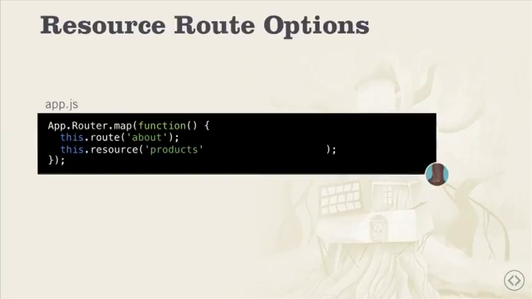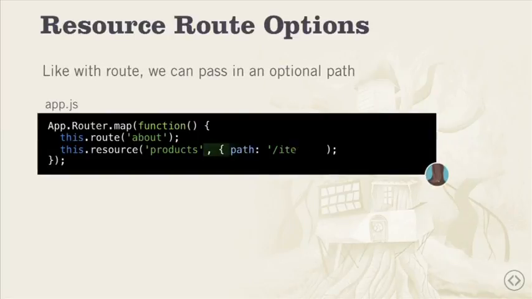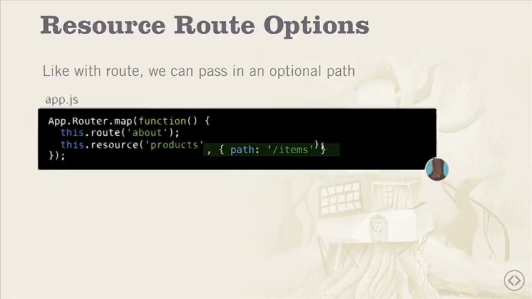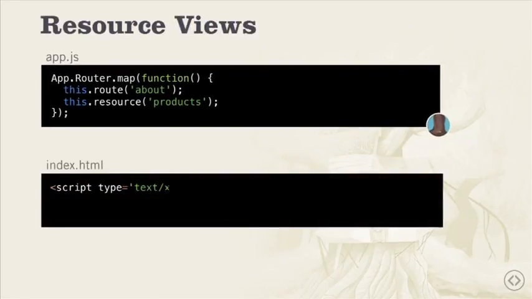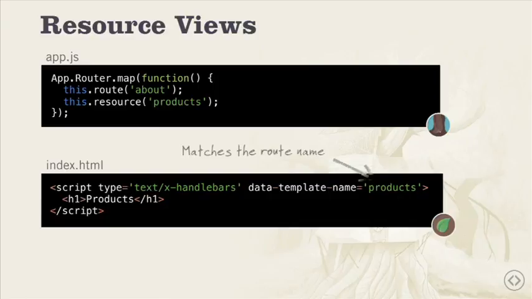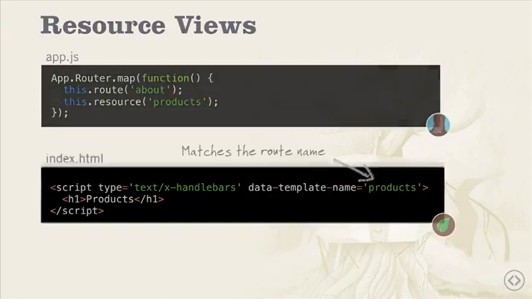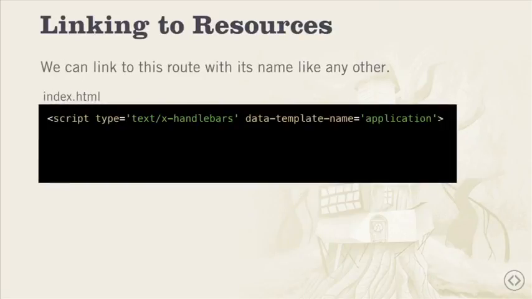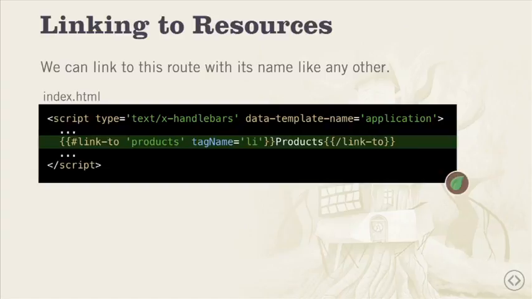Just like a route, if we want to, we can pass in an optional path, as you see here. We can also define a template with the same name that will get rendered when we go to that route. Lastly, to add a link to this route, we simply do as we've done before and say link to products, tag name li, because our links are list items.